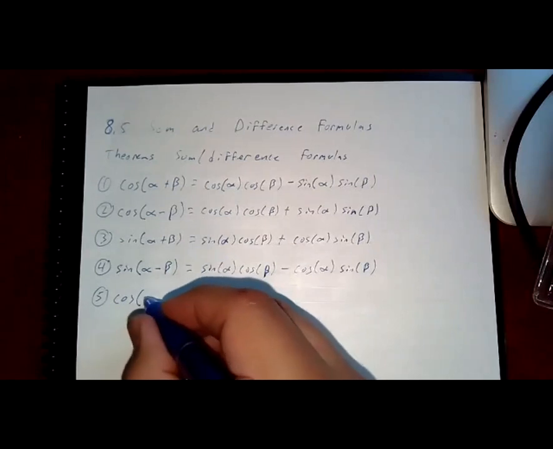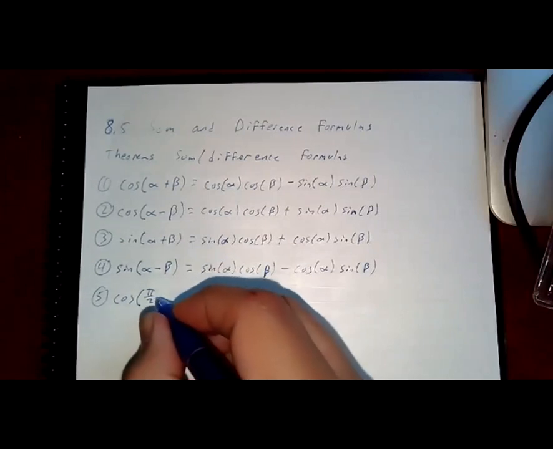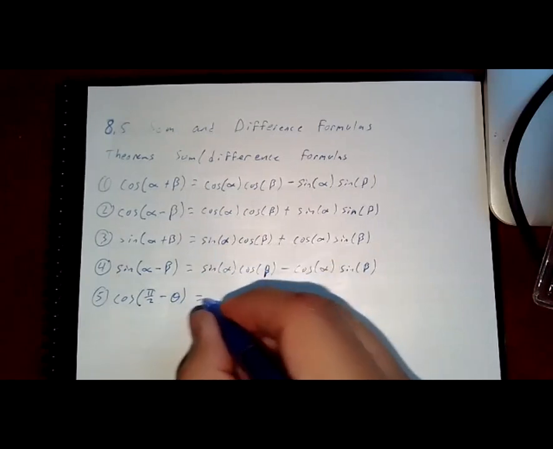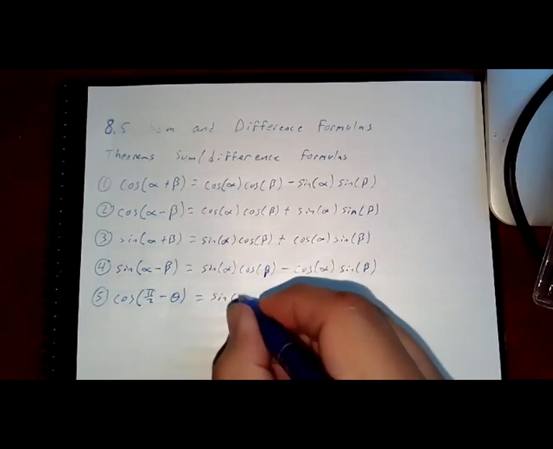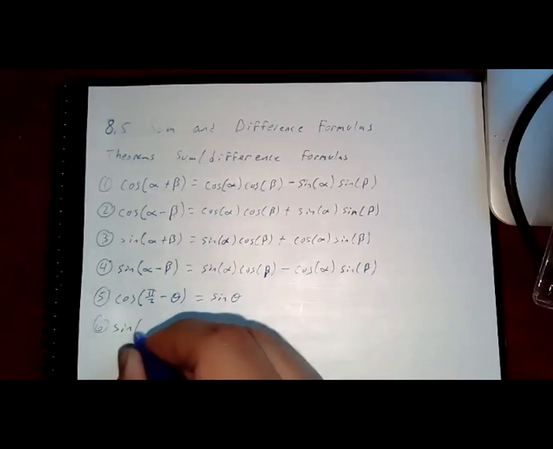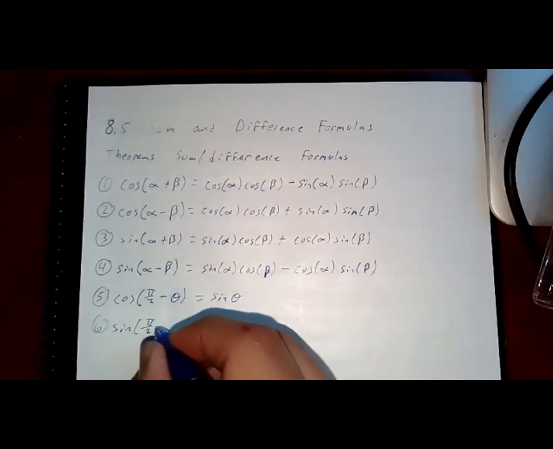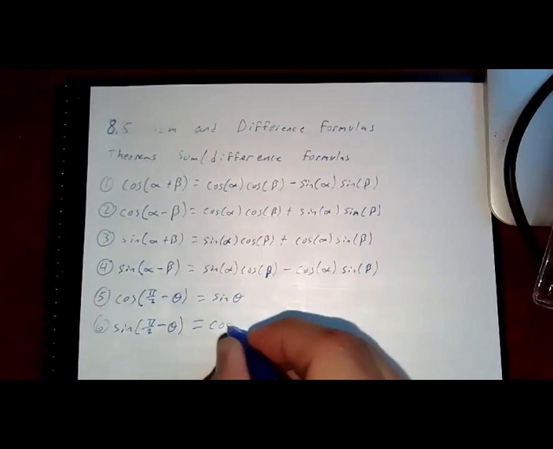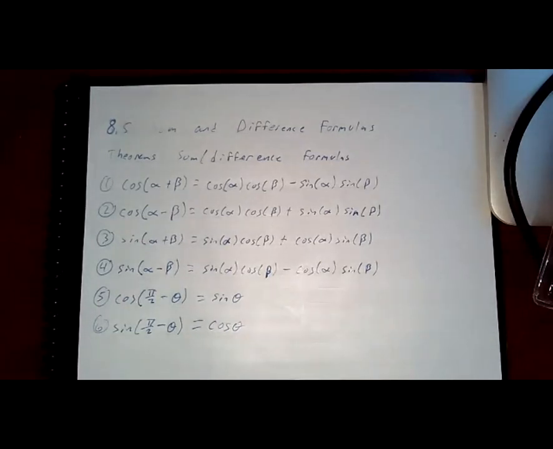Cosine pi over 2 minus theta, some angle, will be shifted into sine theta. And same thing for sine. If you have pi over 2 minus theta, it turns into cosine. Maybe that'll be useful when we establish an identity.